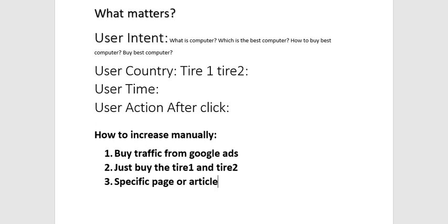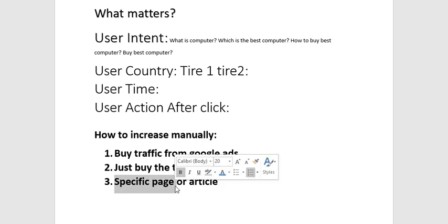A random user, a specific intent user, what will they do on your whole website? Users always want something specific. So keep this in mind. You have to promote your specific page or article on Google Ads to get targeted users.